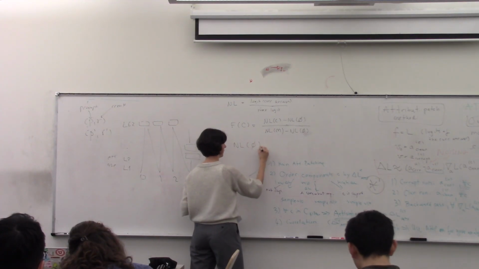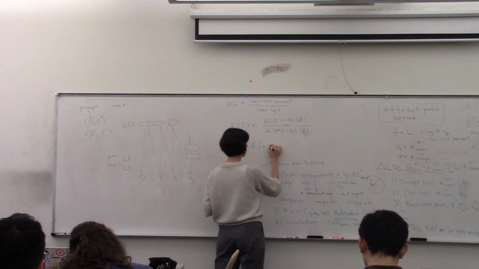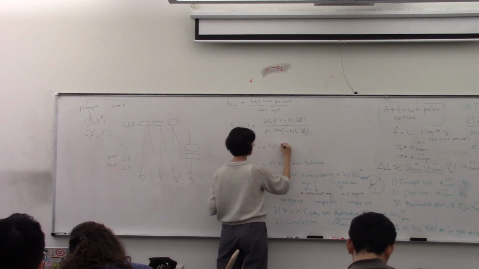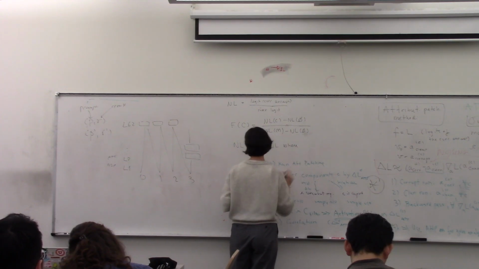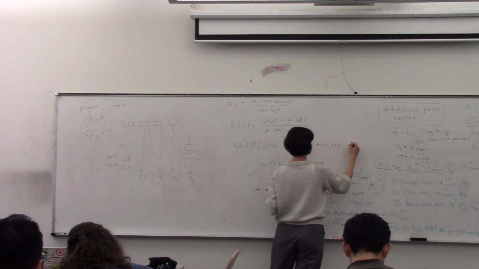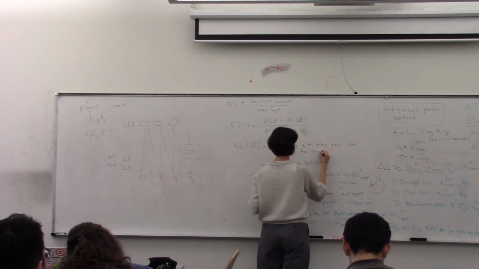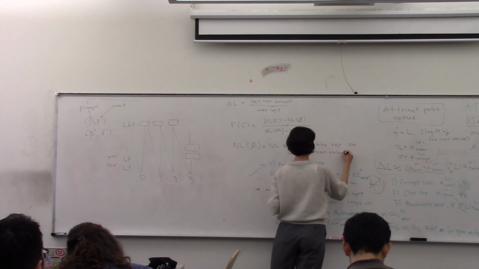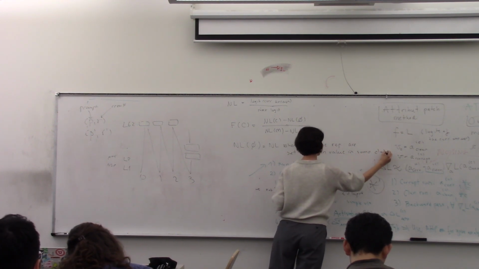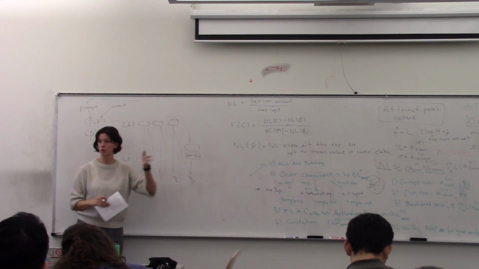So ML of nothing is very often the value of this function ML when all of the representations are set to the mean value in some data. So you have some data and you check this representation across all of these.